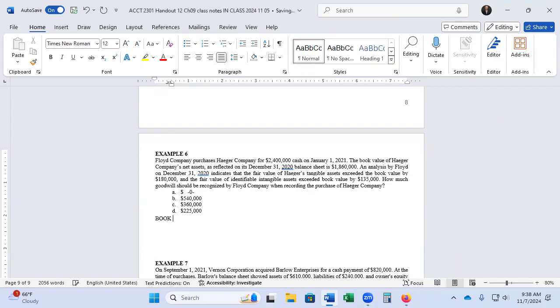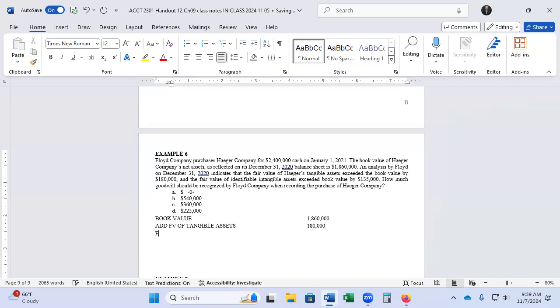So if we start with book value, because we want to find the total asset value, we have 1,860. And then we're going to add fair value of tangible, and that is 180,000. And then we're going to add the fair value of intangible.